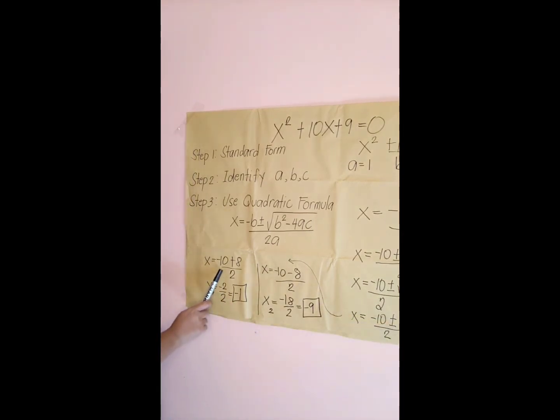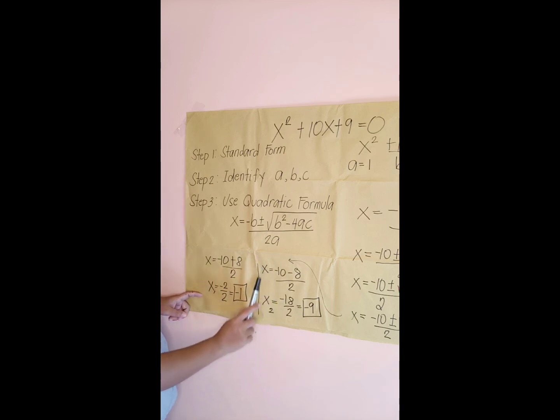So, magiging ganito yung itsura niya. So, una, yung positive 8 muna. So, x equals, copy, negative 10 plus 8 divided by 2. And then simplify. Negative 10 plus 8 will give you an answer of negative 2. Divided by 2, that will give you an answer of negative 1.